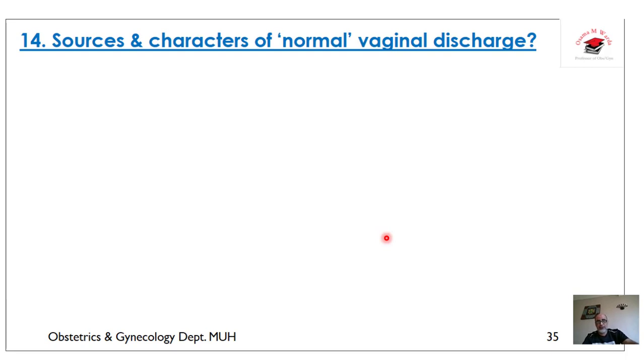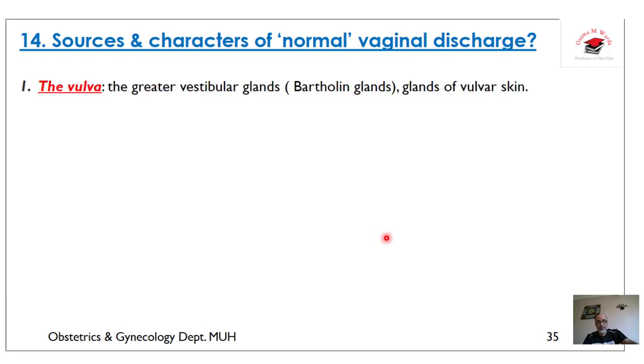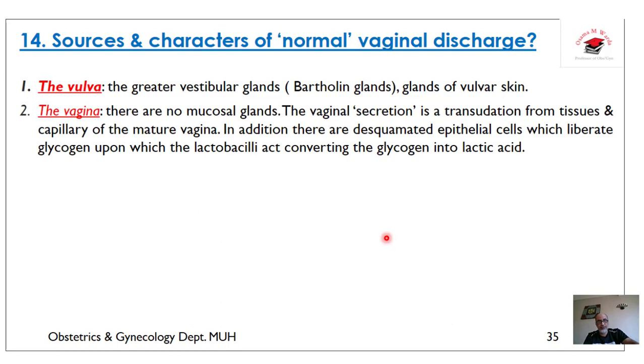Source and characters of normal vaginal discharge. The vulva is one source, from the greater vestibular glands, Bartholin glands and vulvar skin glands. The vagina may give a source for the normal vaginal discharge. However, there are no mucosal glands in the vagina.